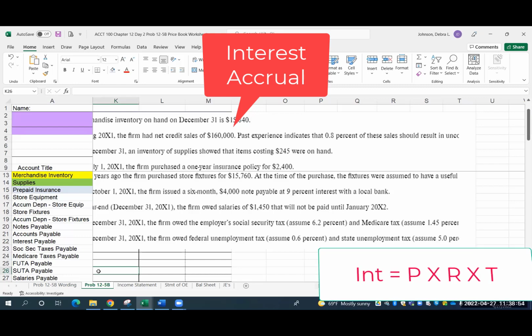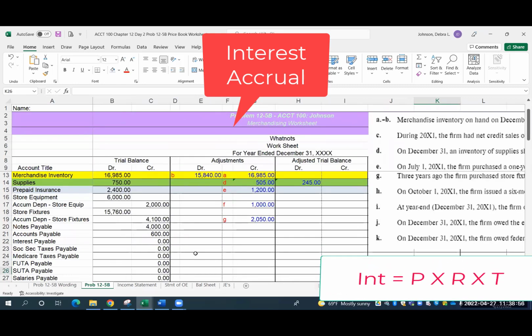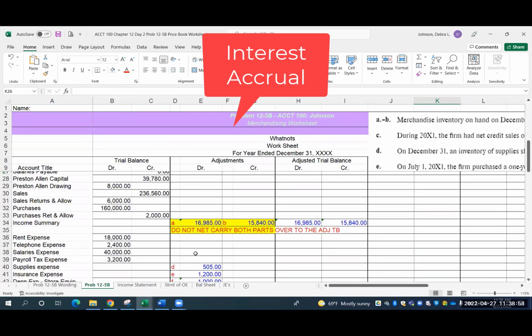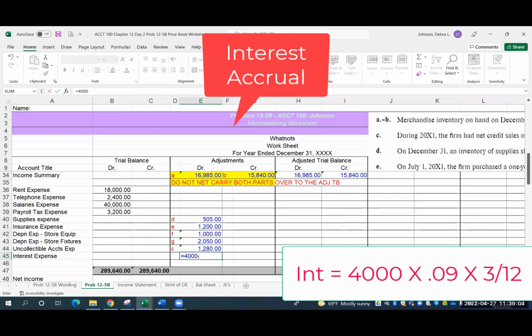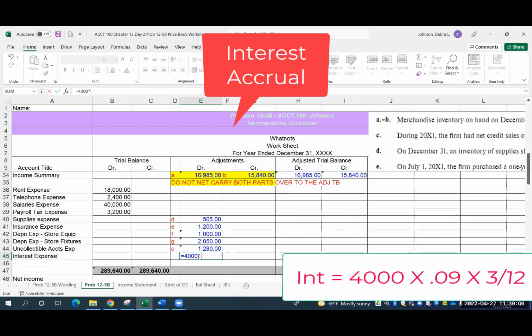So my formula on that for my interest expense, which is usually the last account, 4,000 times 9% times 3/12. That's where everybody messes up. Why 12? That 9% is an annual rate.